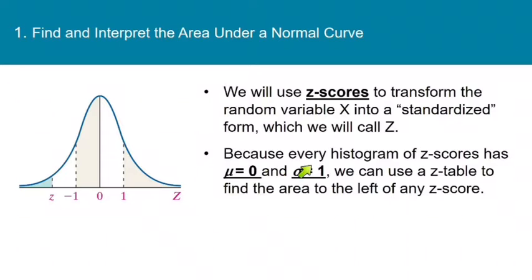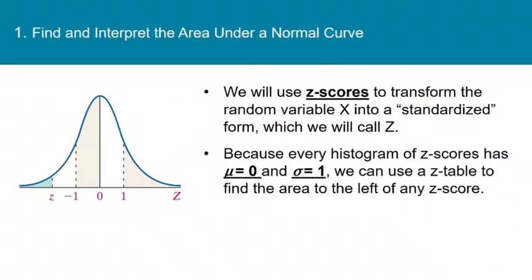Now, because every histogram of z-scores has mu equal to 0 and sigma equal to 1, we only need one table. We can forget about having to have a different table for every combination of mu's and sigmas, because we can transform any random variable into z, and then we only need to have a table where mu is 0 and sigma is 1.